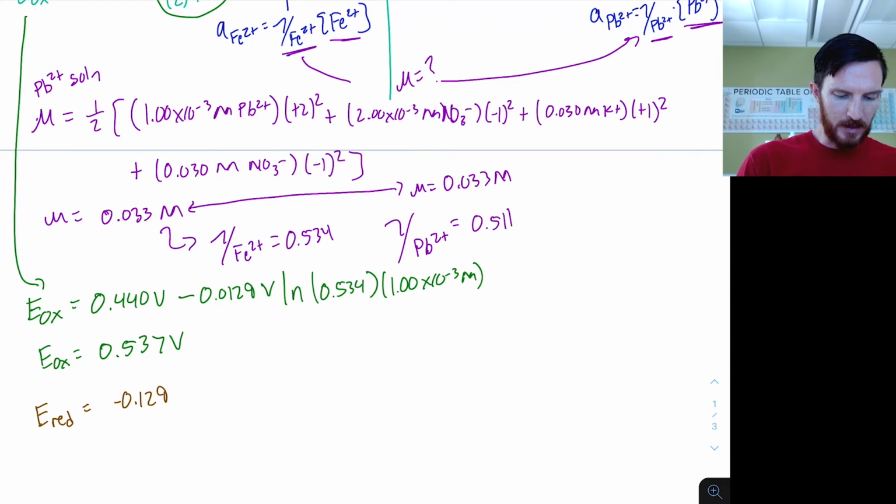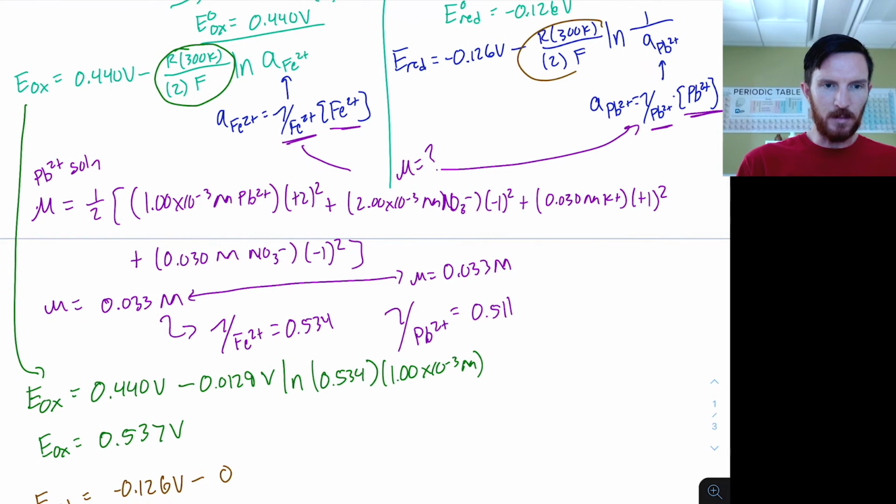We can look at our other example here. Our reduction is going to be negative 0.126 volts minus.